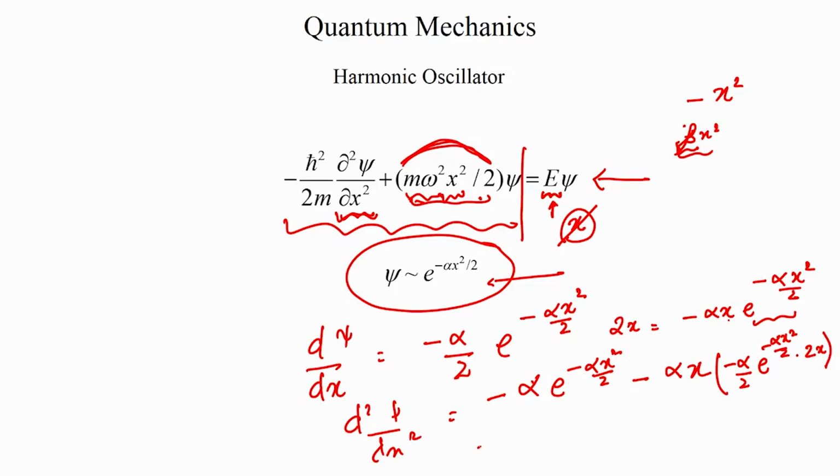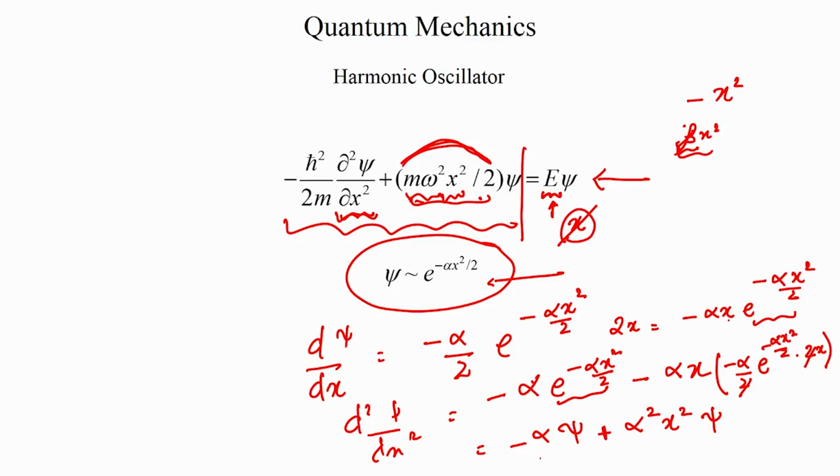So this is going to be a minus alpha, so let's call this psi because that's what our wave function is. You have a minus and minus here that would end up being a plus alpha square. These two terms would cancel off x square psi.